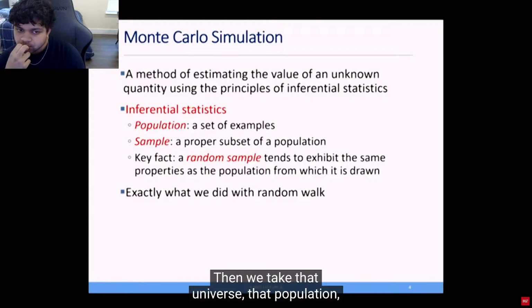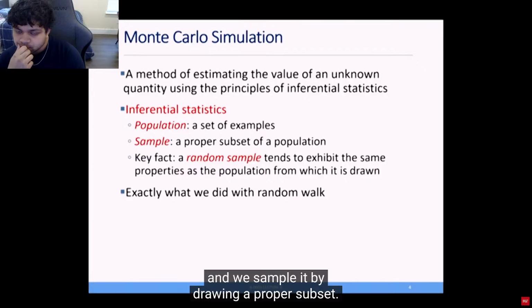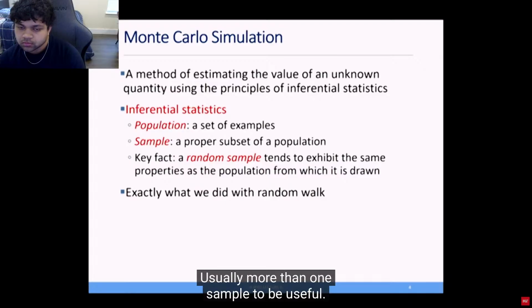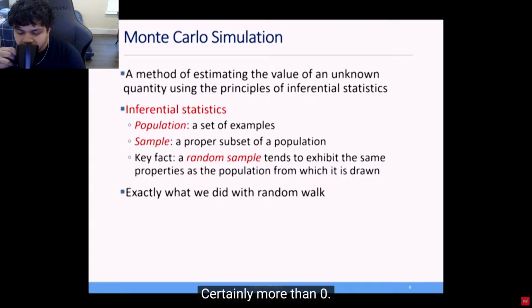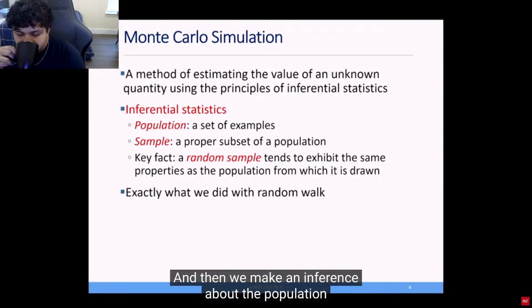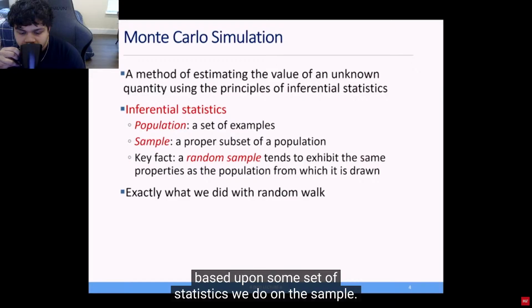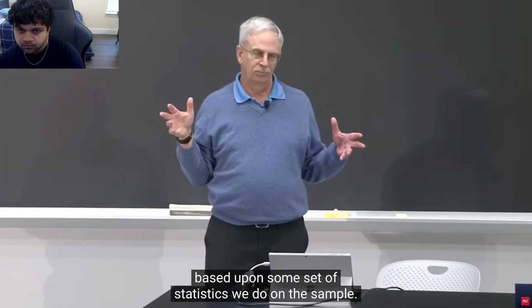Then we take that universe, that population, and we sample it by drawing a proper subset. Proper means not the whole thing. Usually more than one sample to be useful, certainly more than zero. And then we make an inference about the population based upon some set of statistics we do on the sample.